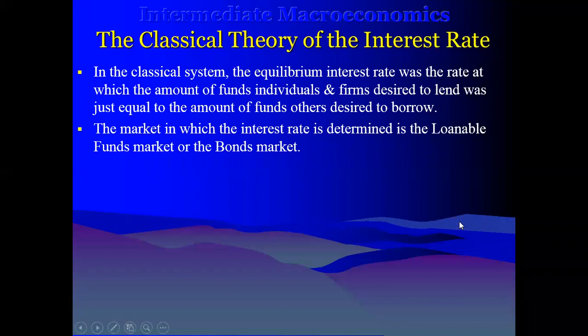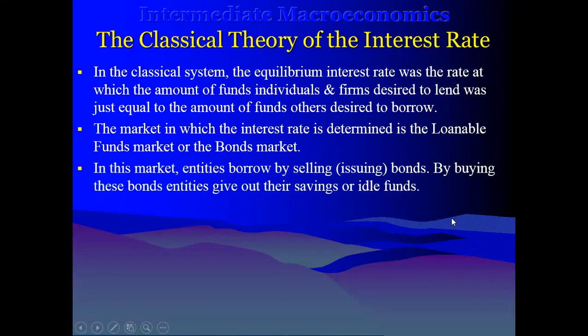Okay. So if we are comparing the loanable funds market and the bonds market, what it means is that if you want to borrow, you are selling or issuing out bonds. And if you want to buy bonds, then you are giving out the idle money that you are not using, money that you can spare.